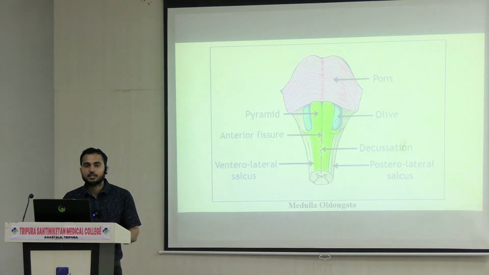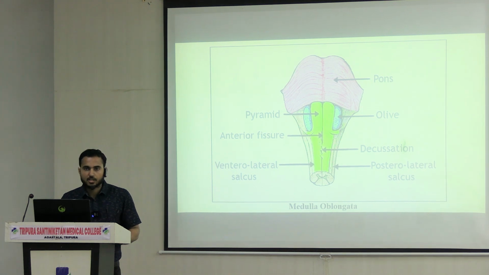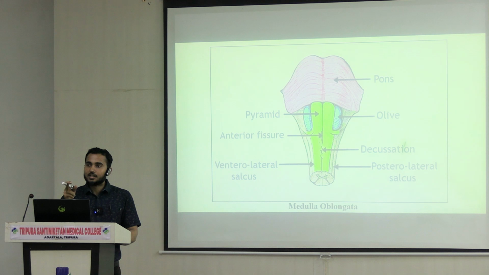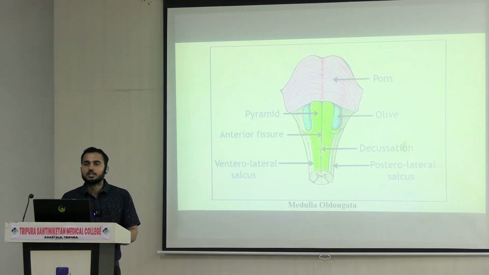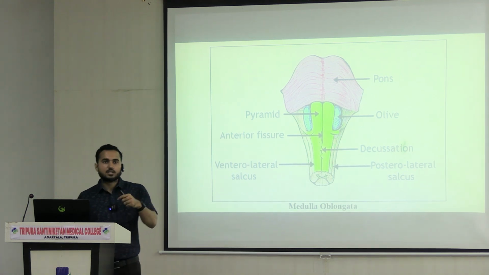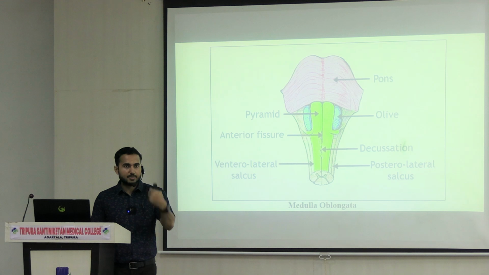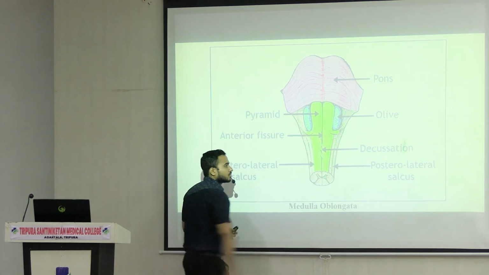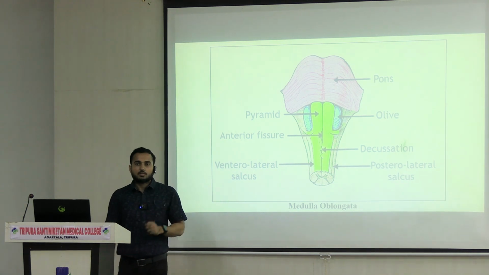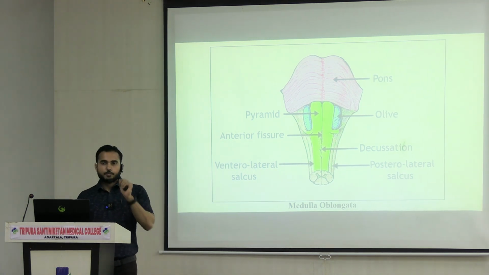What is present on the posterior aspect? Sulcus is present. So the depth of the fissure is more. So that anterior median fissure is continuing. The same anterior median fissure of the spinal cord is present over here in the medulla oblongata, as you can see.